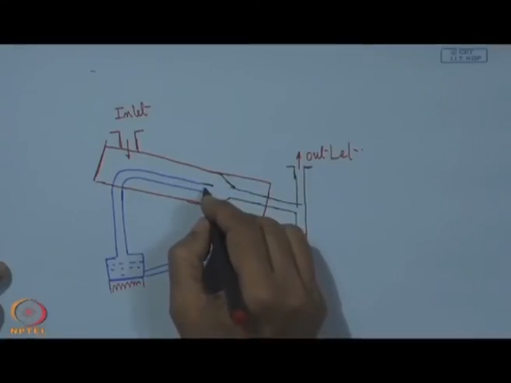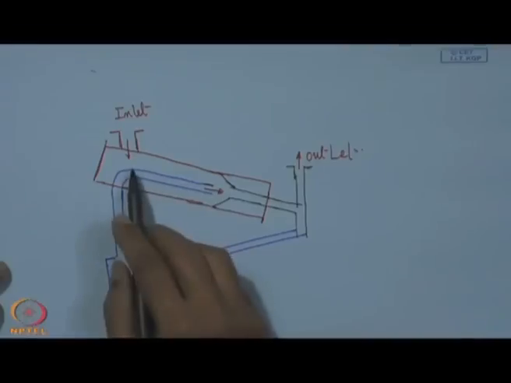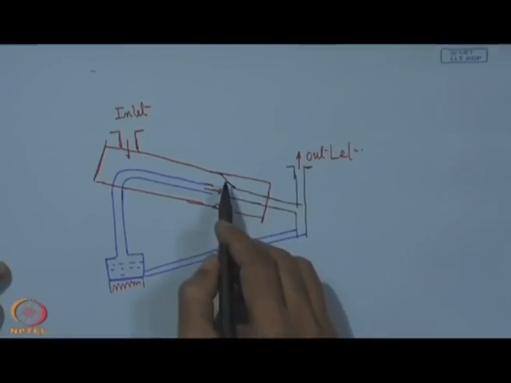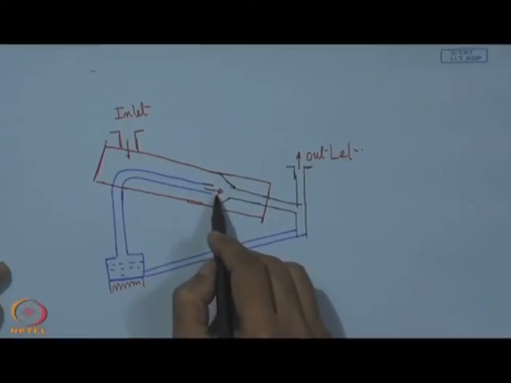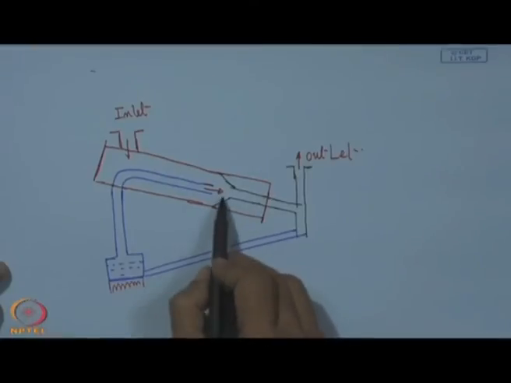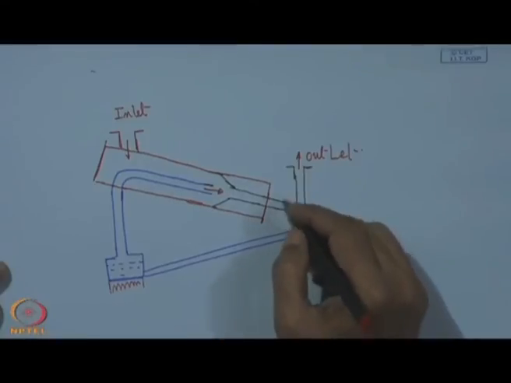Since it is moving in this direction, the oil vapor will entrain these gas molecules and move them in this direction. And since we have a convergent, cone shape, the velocity will increase, and as a result the whole thing will move in this direction, and then by proper cooling.